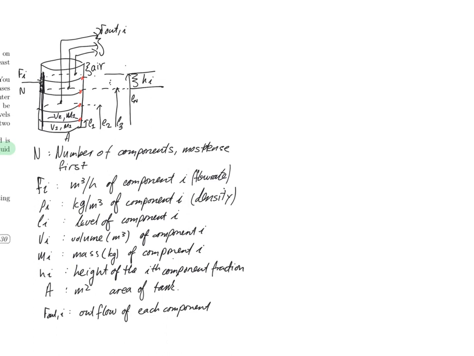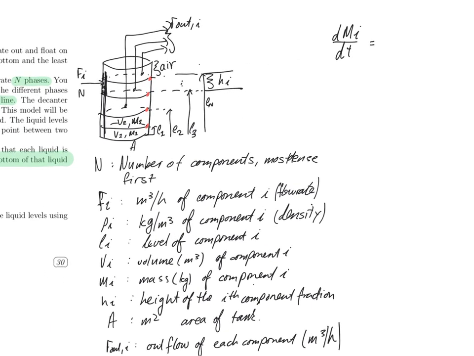And so assuming as well that, actually we should maybe just say this is also a volumetric flow rate. And so now that we've got all our symbols defined, the mass balances are relatively easy to do. So we're going to have dmi dt, and now notice I'm just going to say dmi because we know that there's going to be n of them. So that's going to be, assuming that we know fi, right, so we said that we knew how much of each component was coming in.